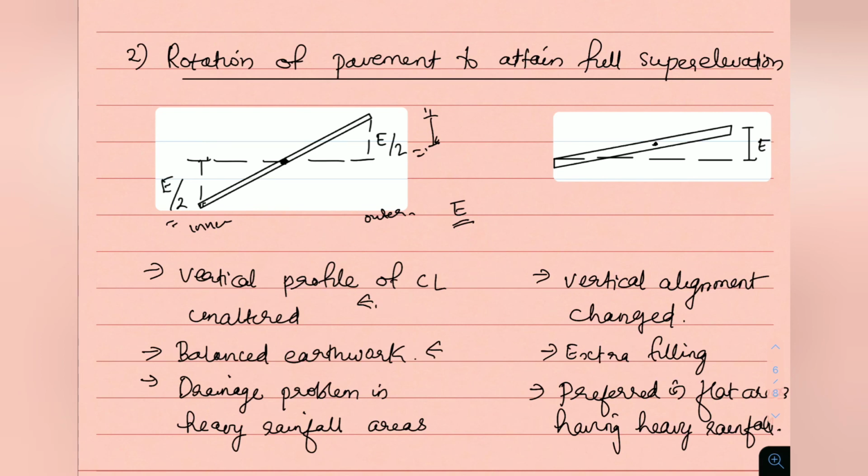In a heavy rainfall region, if there is a drainage here, the level is going downward, so there can be drainage issues when there is heavy rainfall. That is the disadvantage of this method.